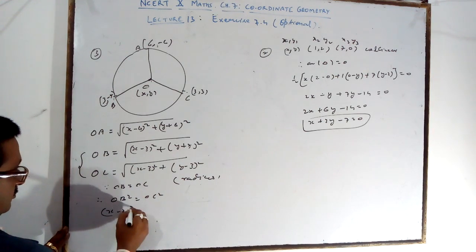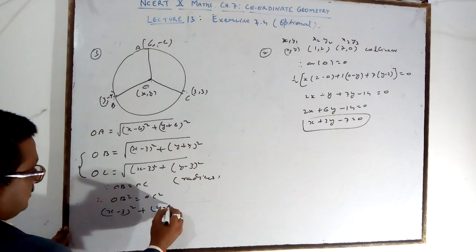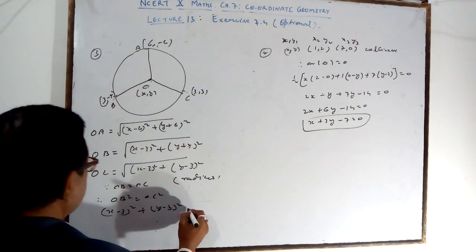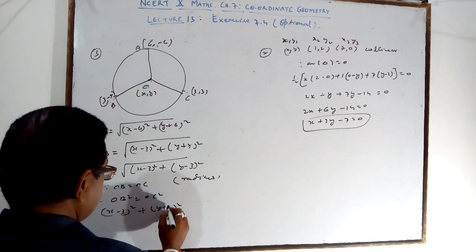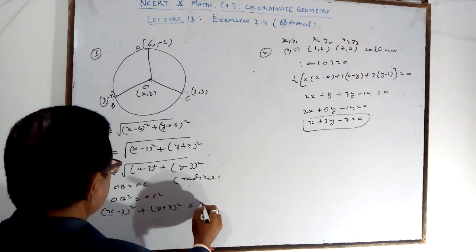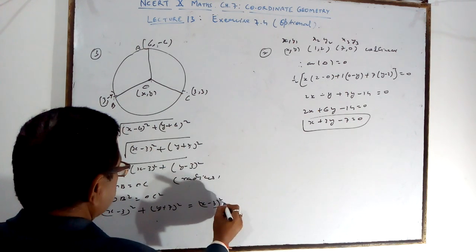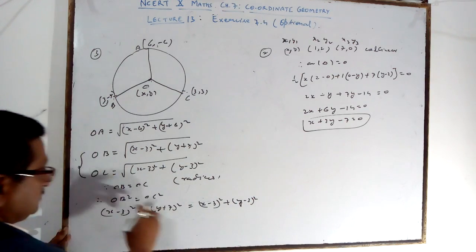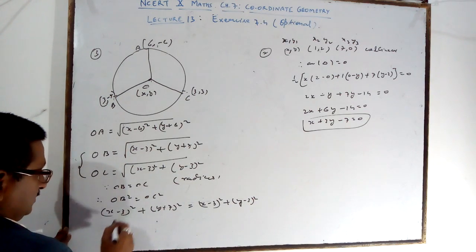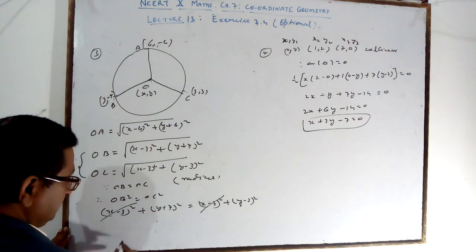Y plus 7 square is equal to x minus 3 square plus y minus 3 square. Because the root is reduced by the square, x minus 3 on both sides cancels.